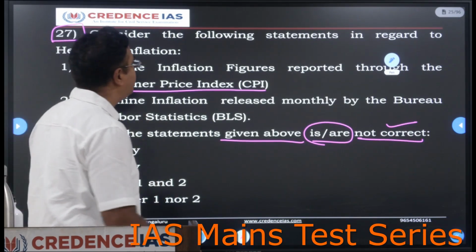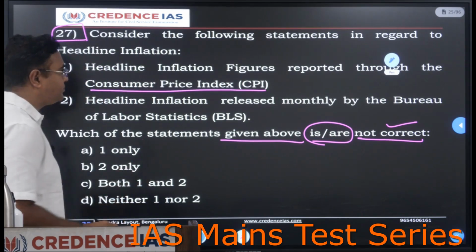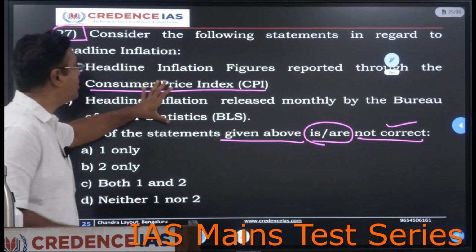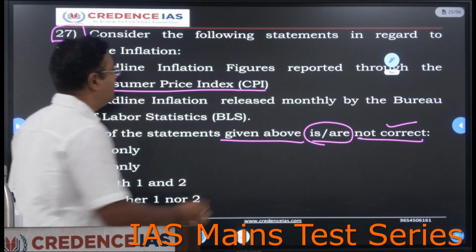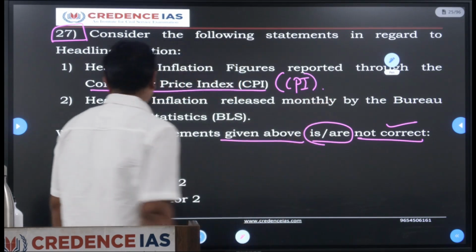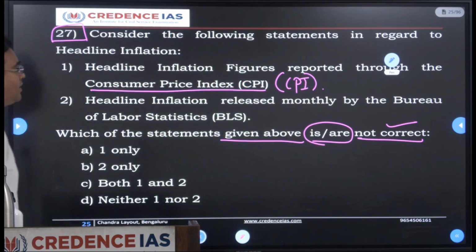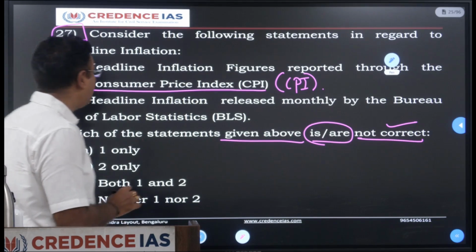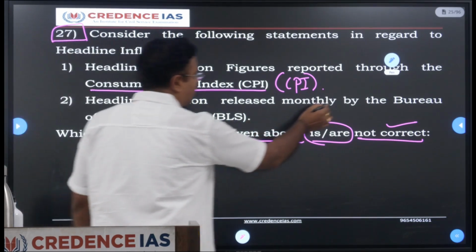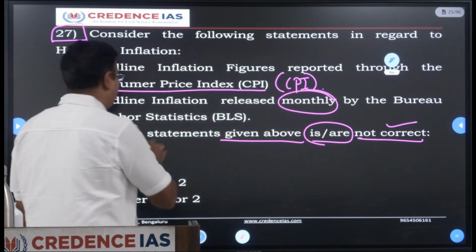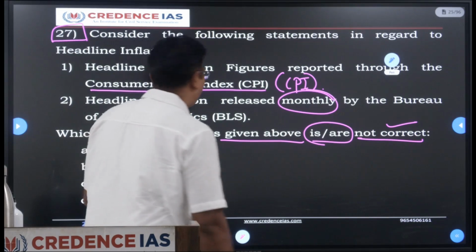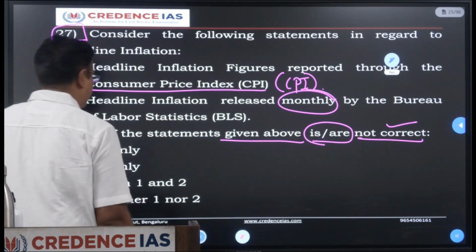Consider the following statements in regard to headline inflation. Headline inflation is reported through the consumer price index. That is correct. Headline inflation is released monthly by the Bureau of Labor Statistics. Yes, that is also correct. The question asks which of the statements given above is or are not correct.